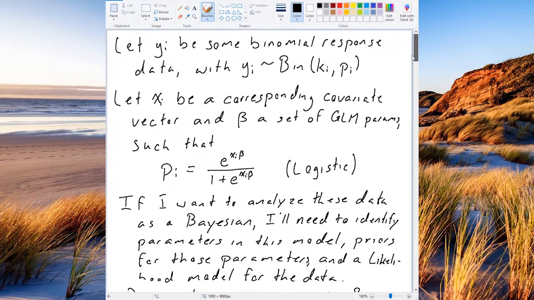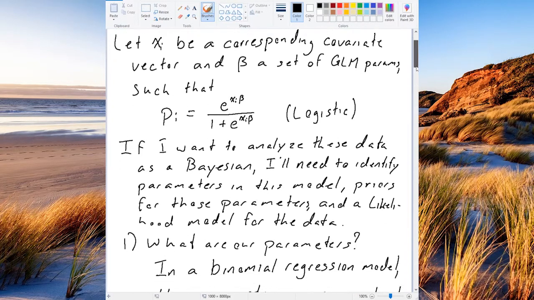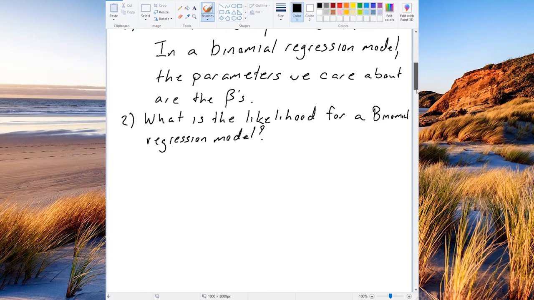Well, I know that my data, my response data y, are going to be binomial ki, pi. And I know that pi is going to follow this function. So in the previous lecture, I talked about this function here being what we call g inverse of xi beta. But I think I'll just write this out the long way.